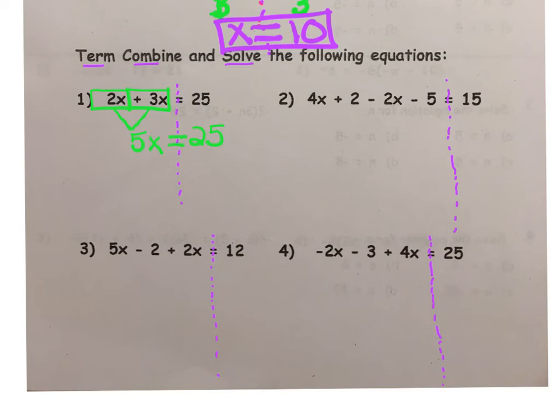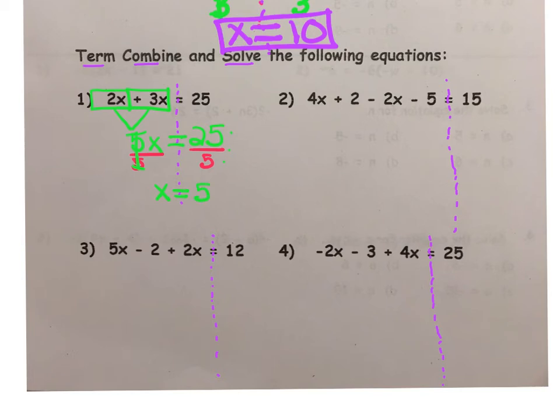In this problem, we do not have a constant on the left side, so it's a one-step solve. Let's eliminate the times 5 by doing the inverse. Simply divide the left by 5 and the right by 5. Your final answer is x equals 25 divided by 5 is 5.